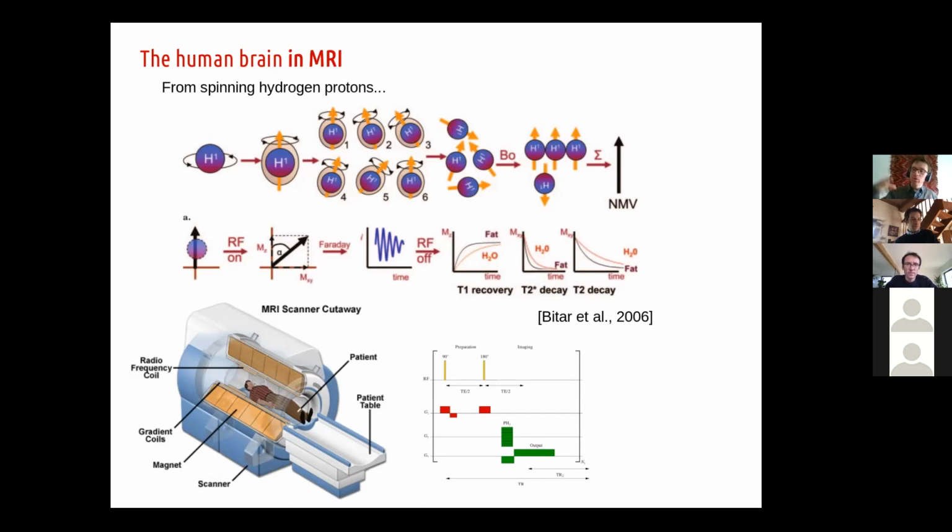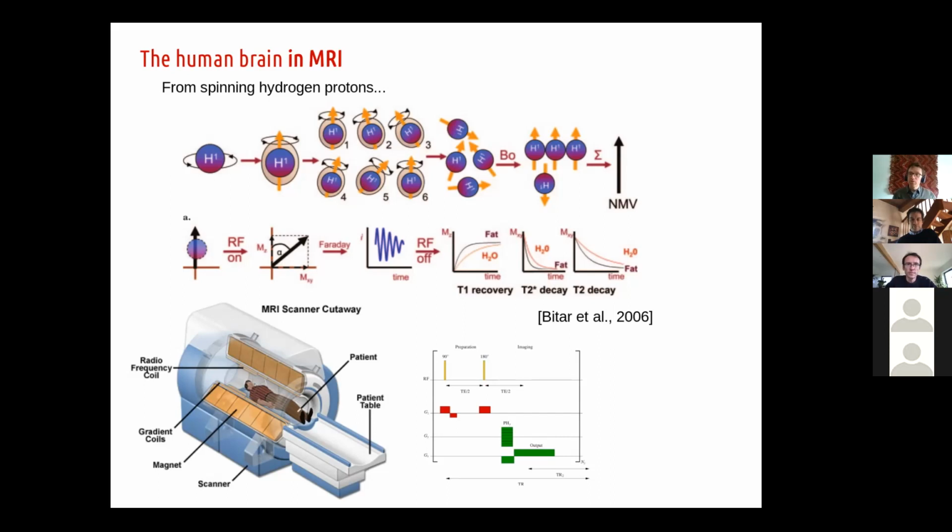And if you put them in a big magnetic field, so here the magnets we're looking at are from 1.5 to 3 Tesla to 7 Tesla, and now we can go to 9.4 Tesla. Those are several thousand times stronger than the magnetic field of the Earth, for instance.